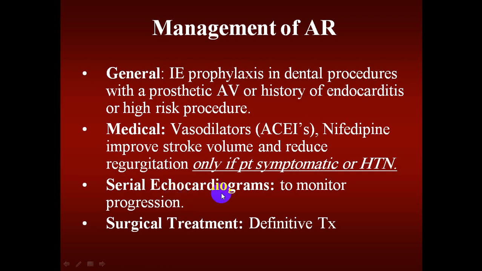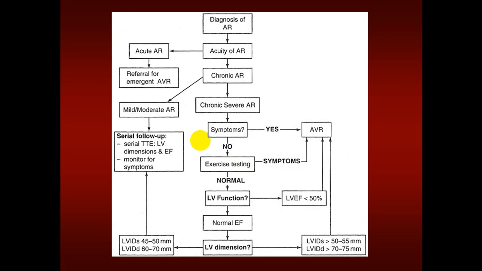Surgical treatment is the definitive treatment of severe aortic regurgitation. This is a very nice flow chart for diagnosis of aortic regurgitation. If it is acute, as we said, refer right away to the surgical theater for aortic valve replacement.